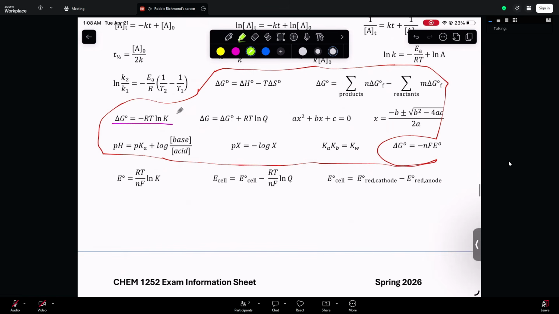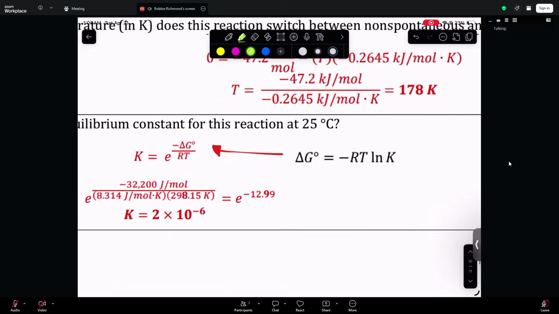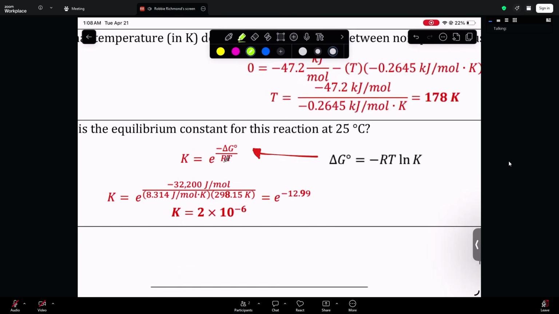There are no Q values, so we'll use this rather than that equation. And discuss how you can derive K equals e to the power of negative delta G over RT. Basically, plug and chug, making sure you put delta G in matching units with R. Since R is given in joules, just convert to joules. If you convert this to kilojoules and R to kilojoules, I believe you'll still get the answer.